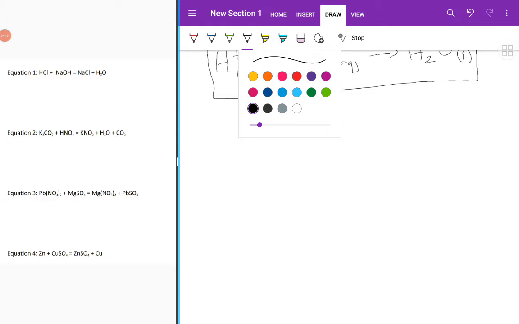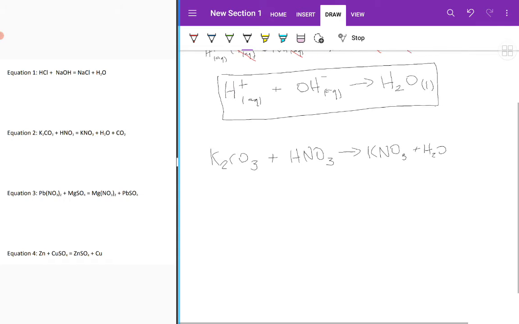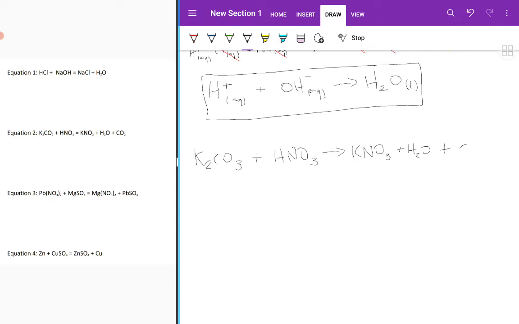Okay, let's look at a slightly more complicated example. We have potassium carbonate plus nitric acid giving us potassium nitrate and water, and also carbon dioxide. So this is our molecular equation. Now let's check to see if our equation is balanced.